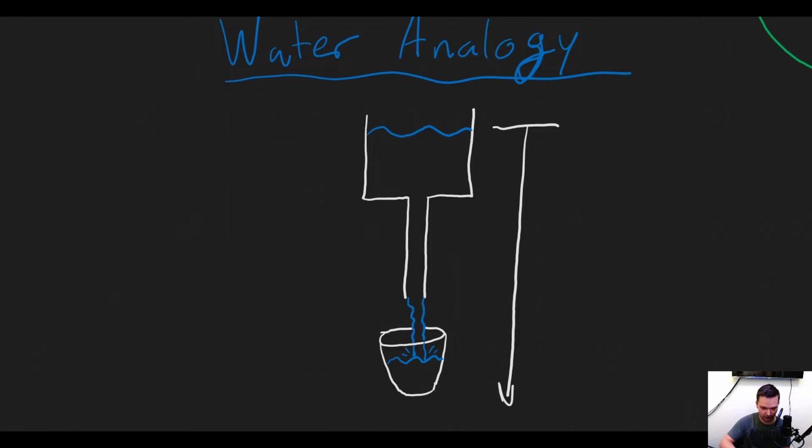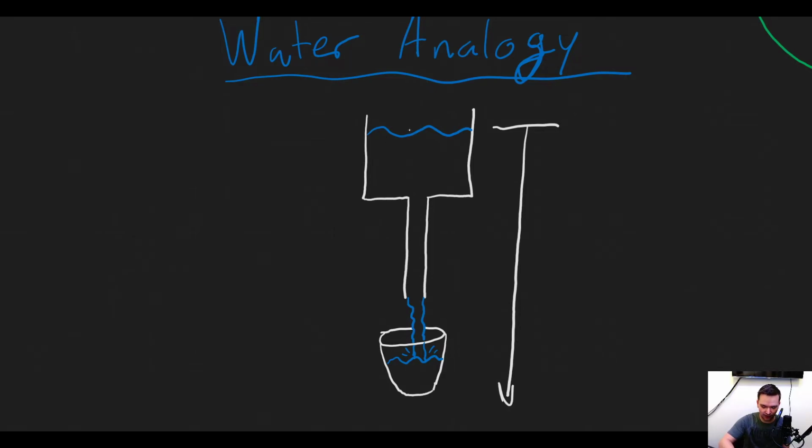So there's a force, and that force is pulling on this water, and that water is then creating pressure. If we were to measure the pressure of this water, if it was up here, it'd be relatively high pressure. If the water was only up to maybe this level, it'd be a lower pressure, but still generally kind of high. If we only have water up to here, then that's not going to be a very high pressure. This is analogous to our voltage, and that is how hard we are pushing.